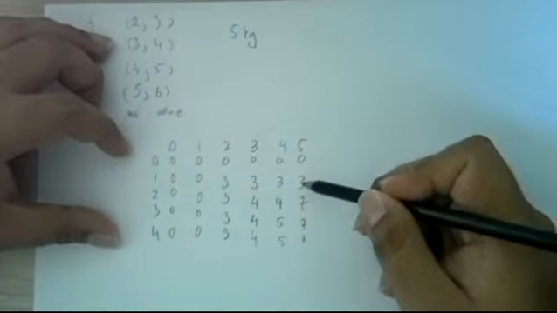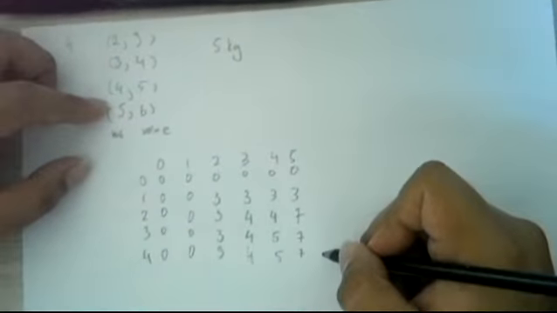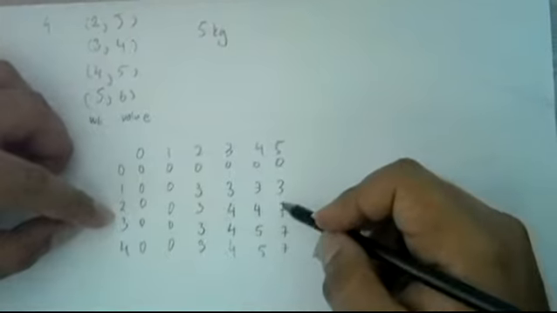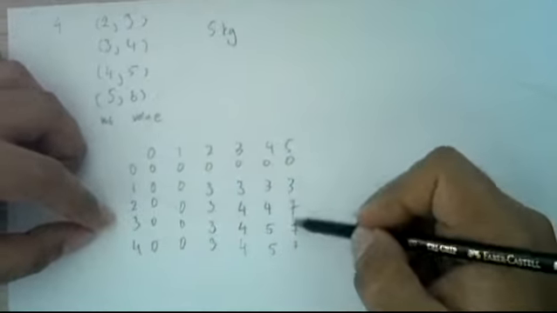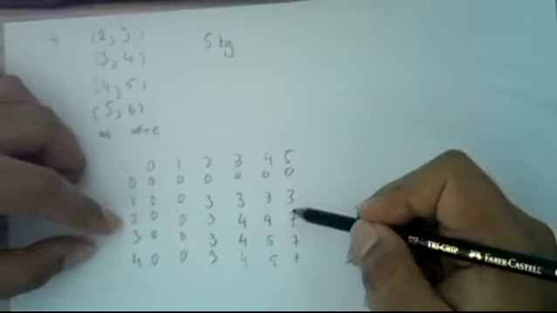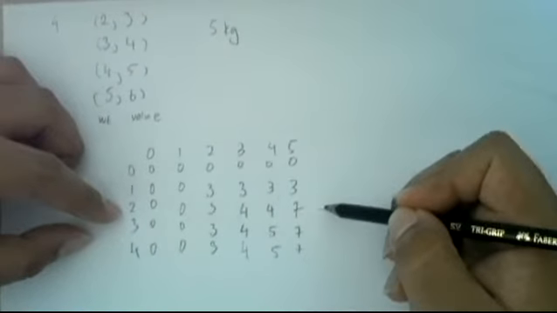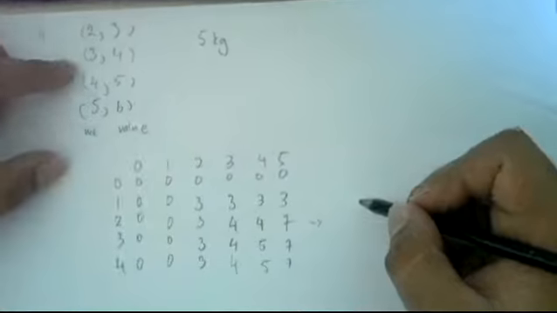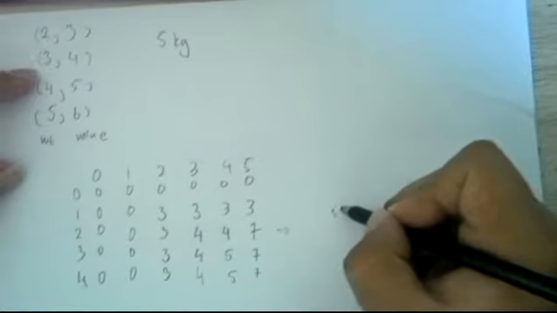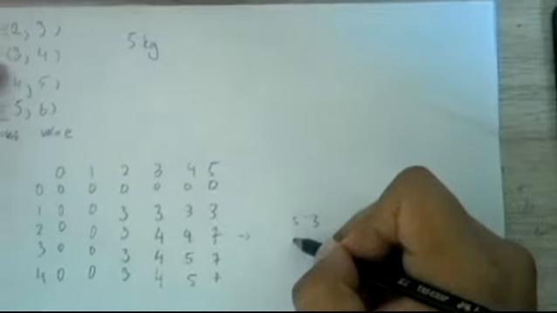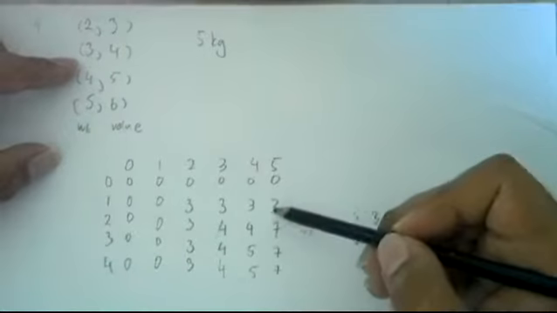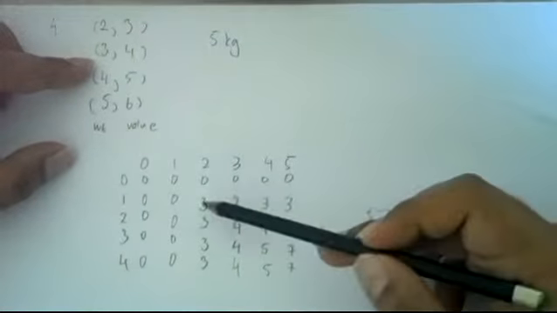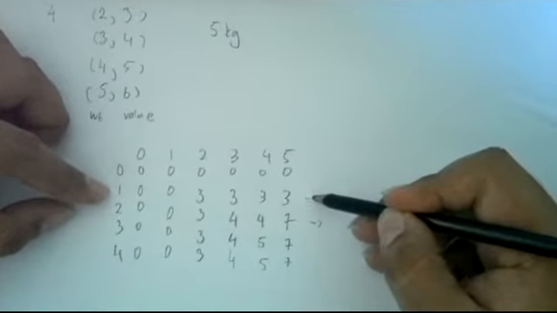Then you take that value, which is item number 2, which has a weight of 3. So 5 minus 3, you are left with 2 kg. And then from there, you go until the end, and then you go up. When it's different, you take that value, which is item number 1, which has a weight of 2.